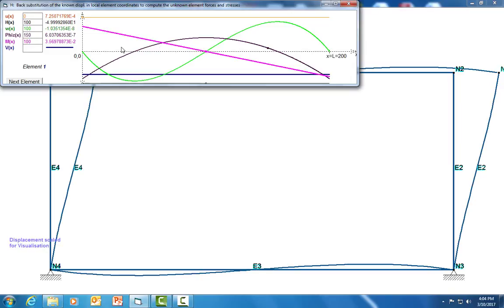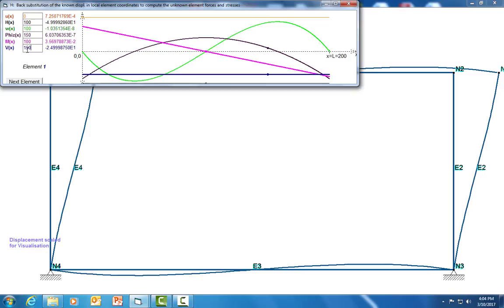And now the final step, let's say 450, 50. So we see here for member 1 the dot, and this was the dot for our axial force. And here at 150 we had the rotation angle.